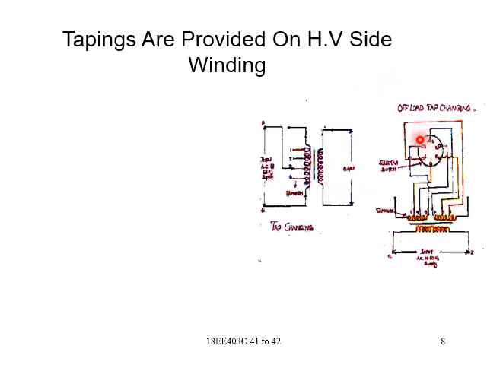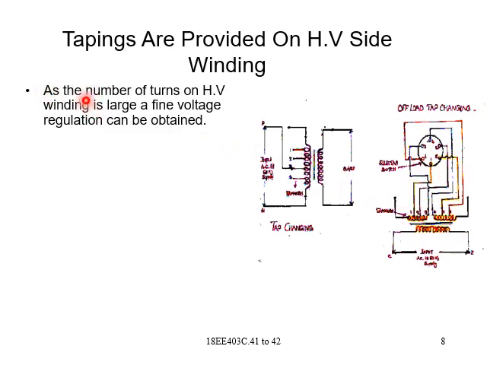You can also see here off-load tap changing. These are the tap settings connected to the studs of the HV or primary. This is the primary input, this is the secondary, and this is the diagram of off-load tap changing.